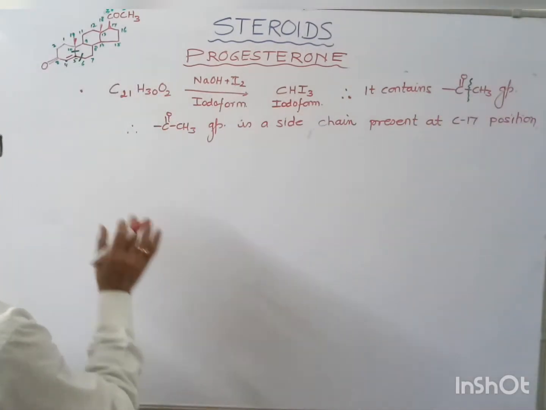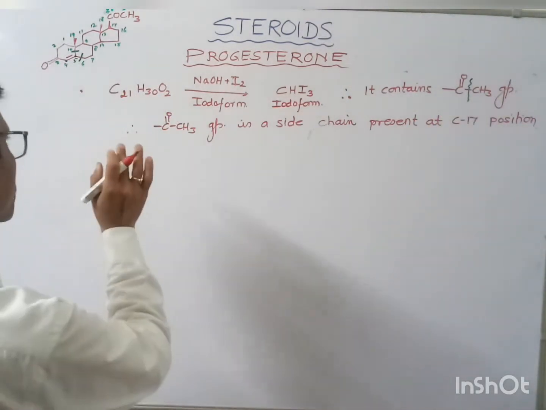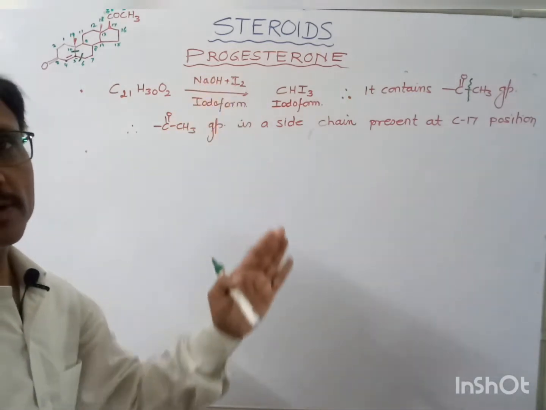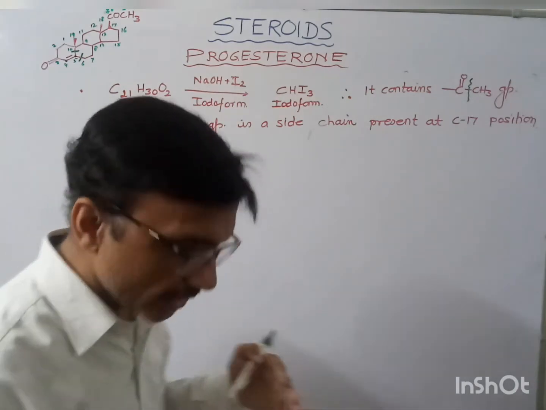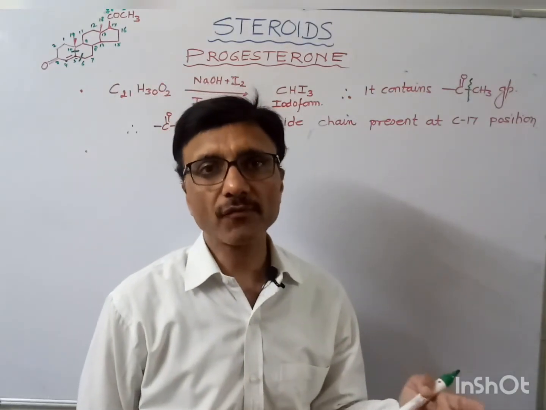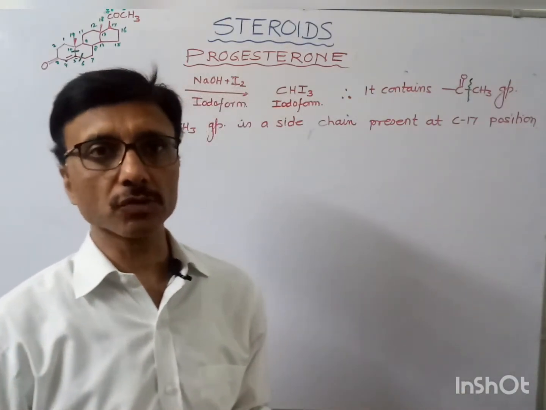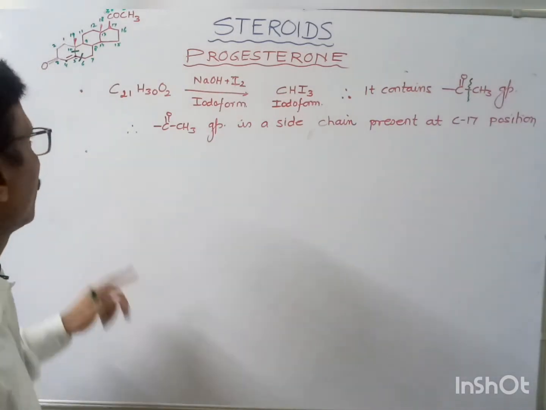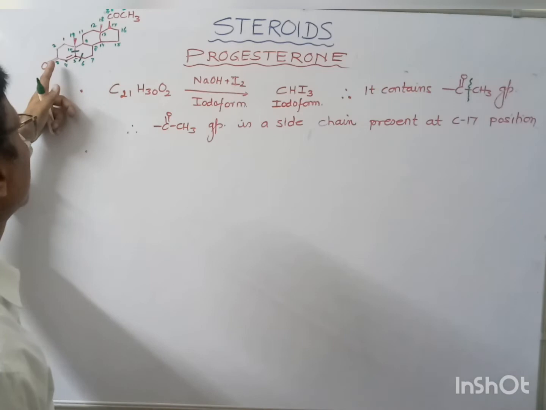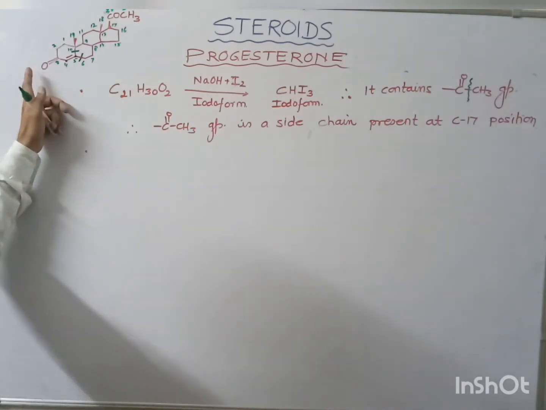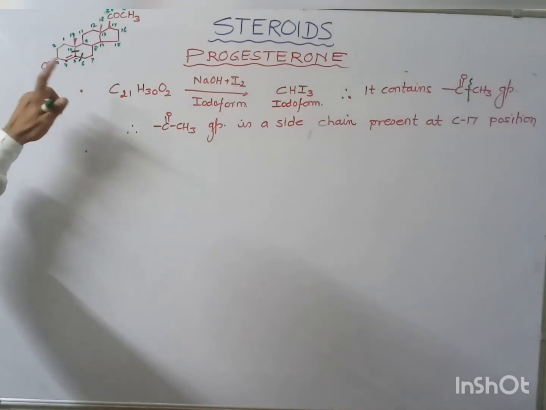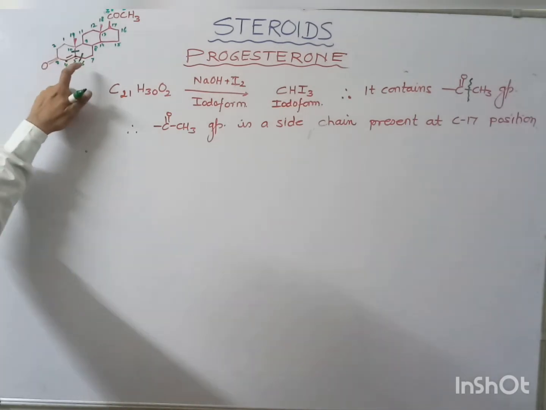Now another thing that was seen: this progesterone was synthesized from cholesterol also. In cholesterol we know that an OH group is present at the 3rd position, and the double bond is present at the 5th and 6th position.